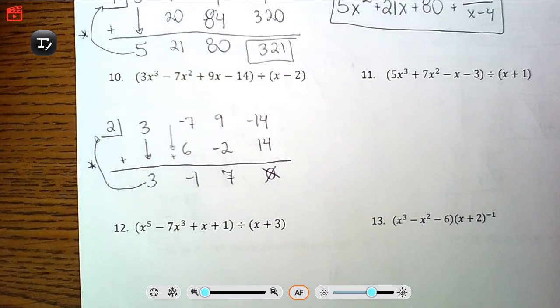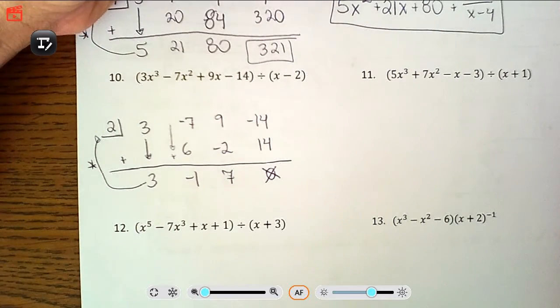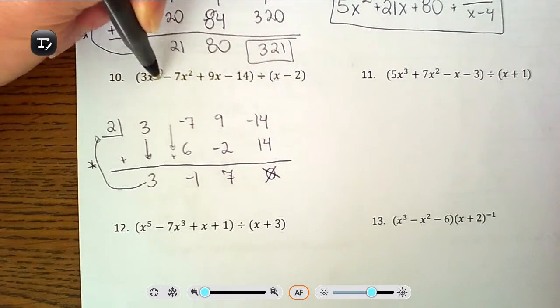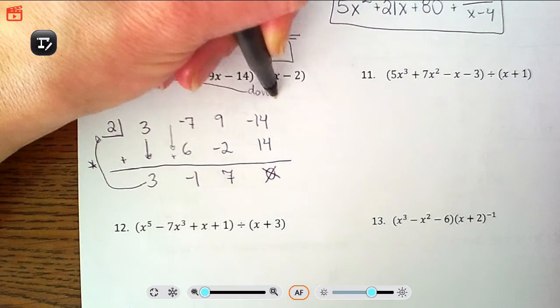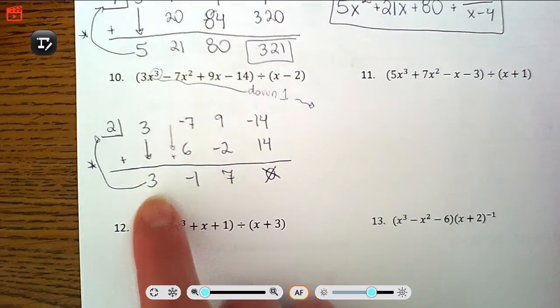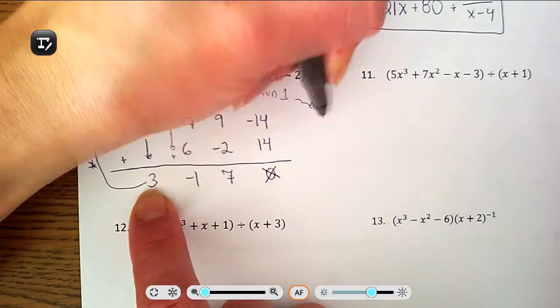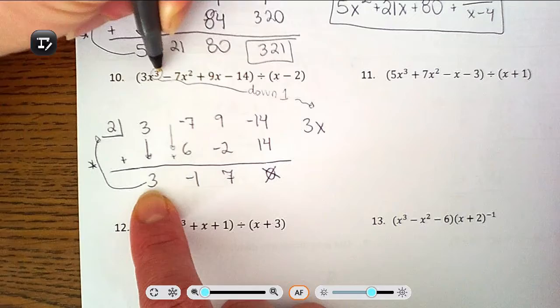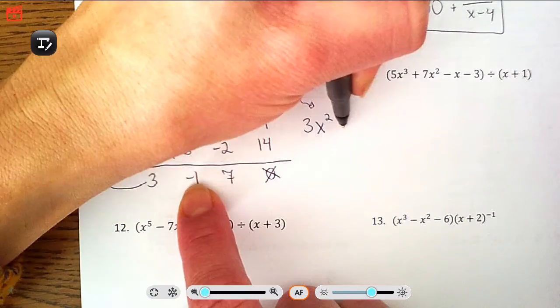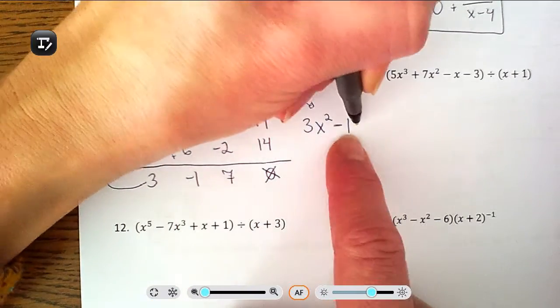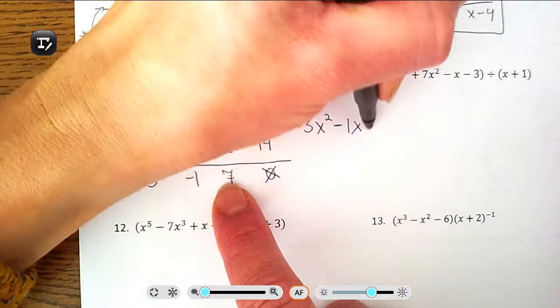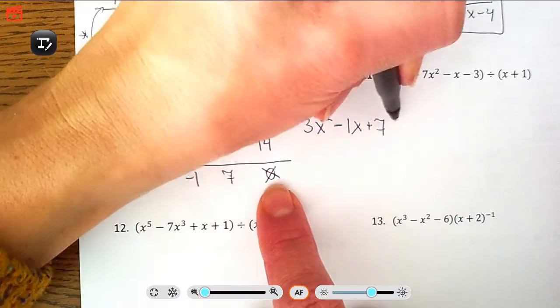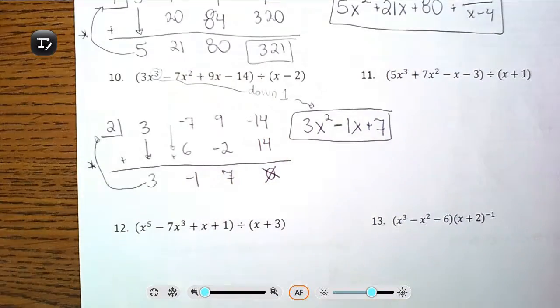No remainder. How did we write our answer? Go to the third power, go down 1 power, and go here for your coefficients though. 3x squared minus 1x plus 7.